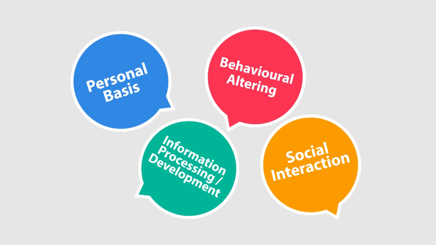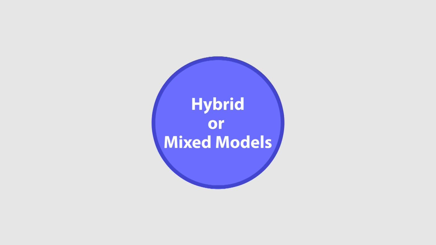And the fourth family of the teaching models is information processing or information development models. And then there are hybrid or mixed models, which are the combination of these four families.